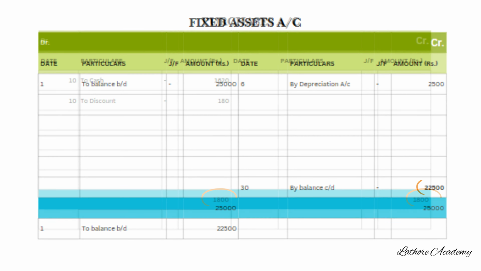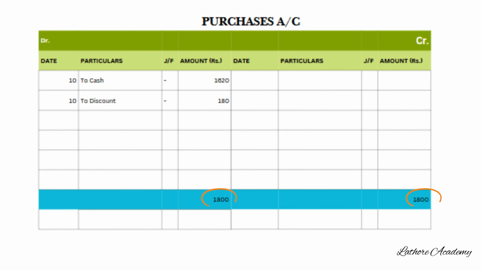And moving on to the next, purchase account and sales account. Students, generally we should not balance purchase and sales, because they are nominal accounts and they have to be transferred to profit and loss account. However, assuming that other transactions are pending for these accounts, we have balanced them for the time being.